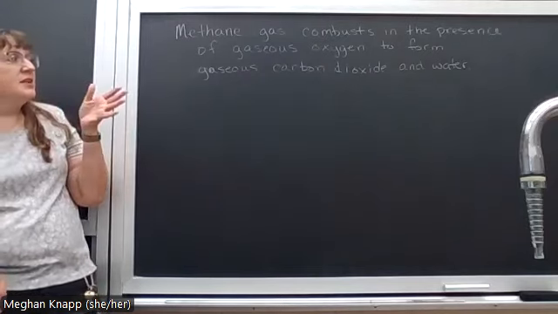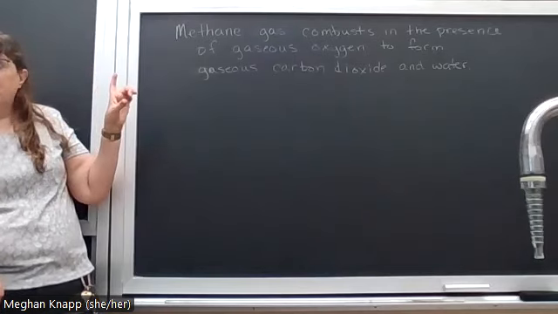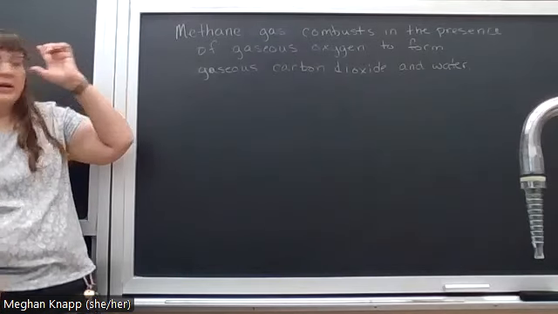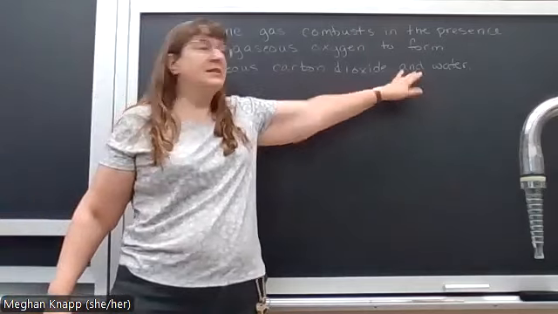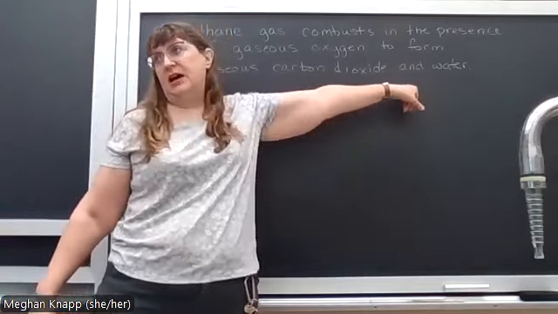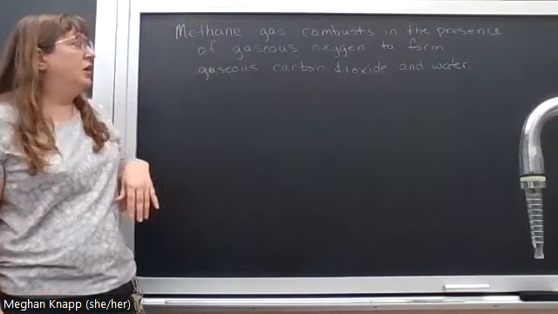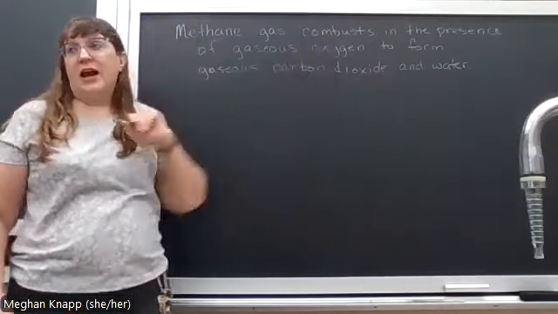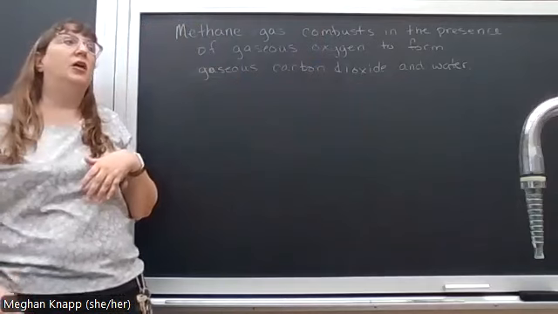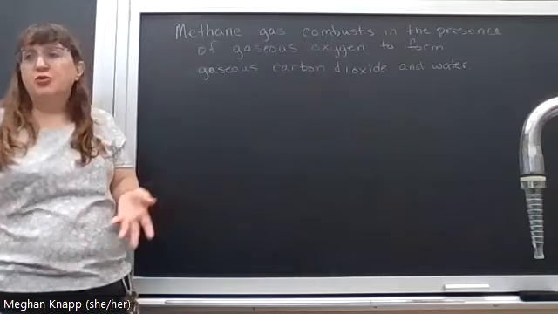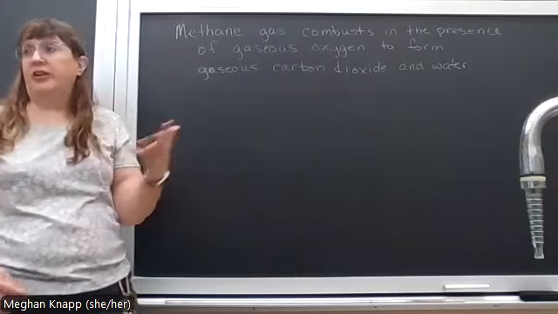There are some words that you should just translate to symbols in your mind. When you see and, that's going to be a plus. That means these two things are on the same side of the equation. Anything that indicates a reaction, combusts, yields, neutralizes, those things are our arrow.